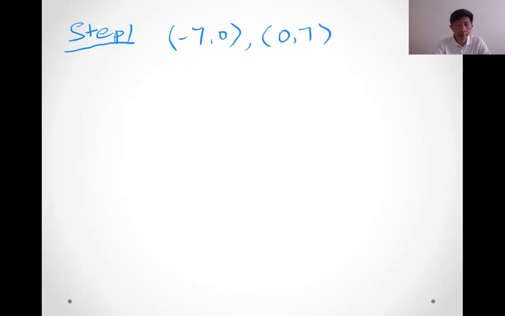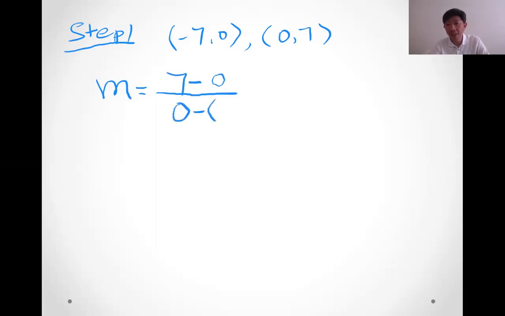Find the slope, which is rise over run: 7 minus 0 over 0 minus negative 7. You've got to be careful, put a parenthesis there. So 7 over 0 minus negative 7, which is plus 7. So the slope is 1, right?